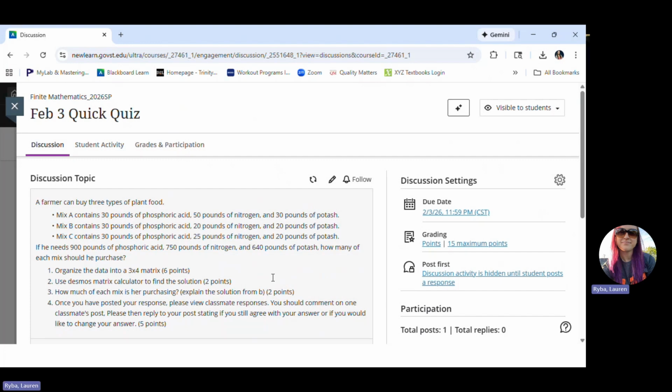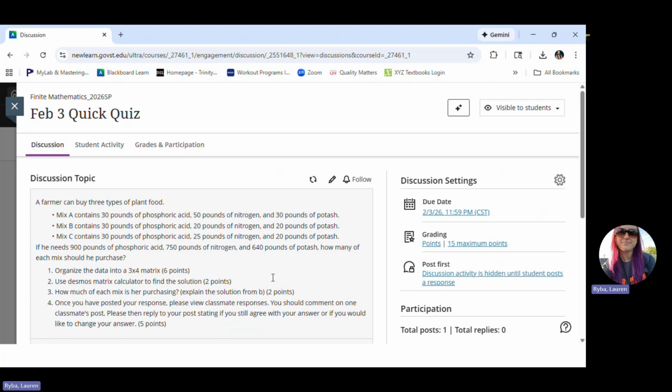But it says a farmer can buy 3 types of plant food. Mix A has 30 pounds of phosphoric acid, 50 pounds of nitrogen, and 30 pounds of potash. Mix B contains 30 pounds of phosphoric acid, 20 pounds of nitrogen, and 20 pounds of potash. Mix C is 30 pounds of phosphoric acid, 25 pounds of nitrogen, and 20 pounds of potash. He needs a total of 900 pounds of phosphoric acid, 750 pounds of nitrogen, and 640 pounds of potash. So make your table.